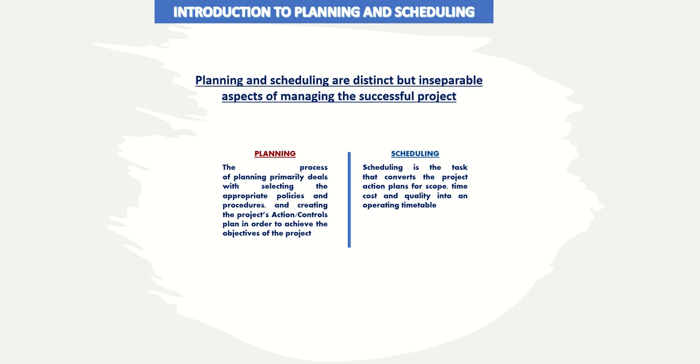Everything is listed, everything is in your mind, and it comes to a nice and clear graphic that everybody can clearly see, to understand how the project activities and project requirements are changing and behaving. So that's the main difference between planning and scheduling.